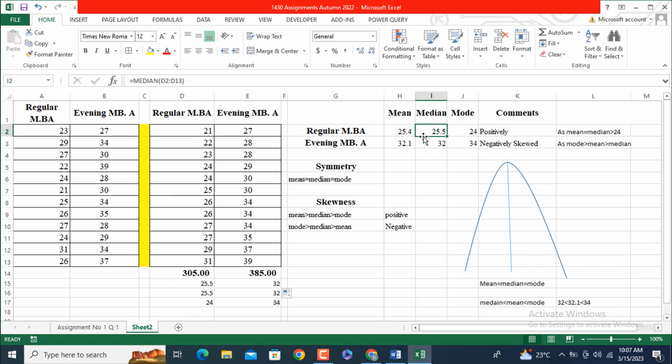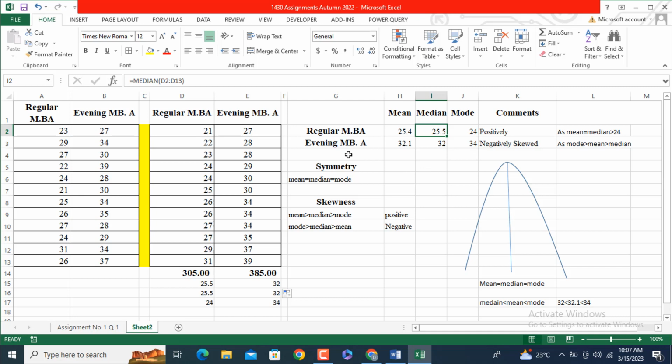Mean and median are almost equal, but mode, which is 24, is less than both the mean and median. It lies somewhere here. It reveals that the larger portion of the data lies towards the right hand side of this curve. It means it is positively skewed, or right skewed.